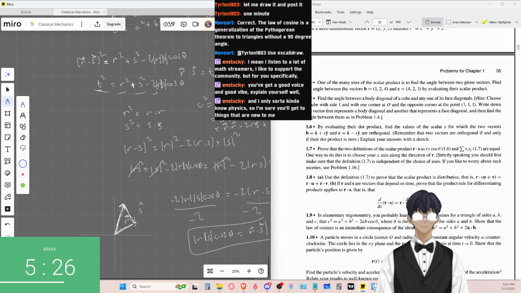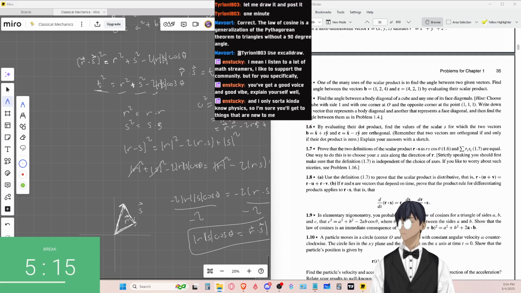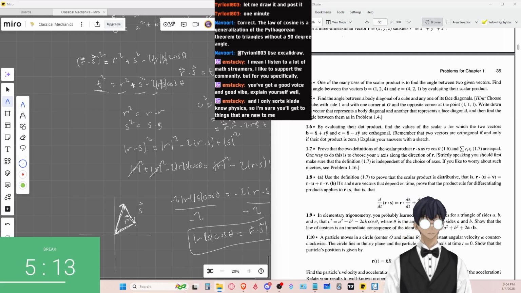Yeah, the thing of it is that there's this other book I'm reading. It doesn't have problems in it, but I really like it because it's meant for the layman learner. Let me see if I can find it. I think I have a PDF version of it.